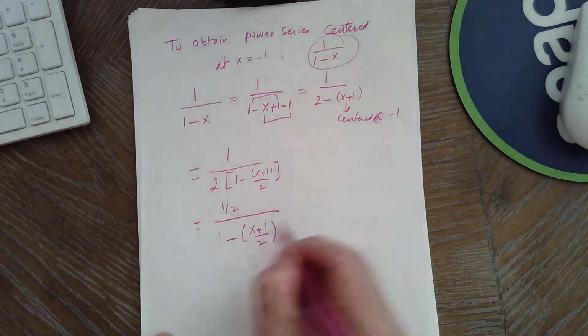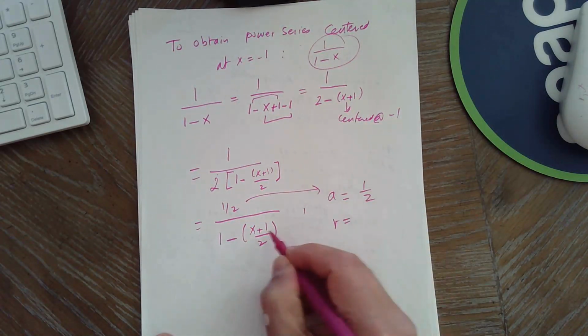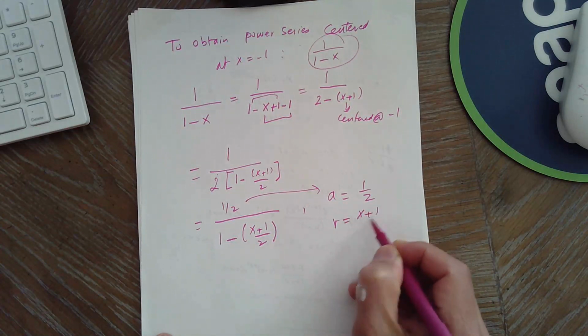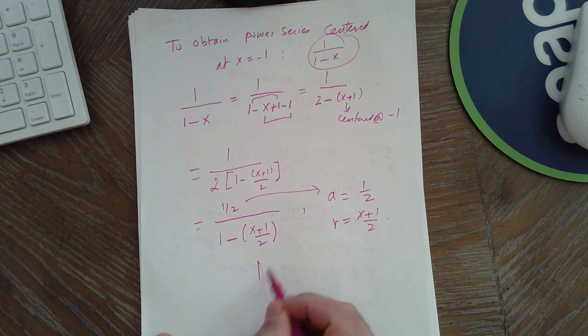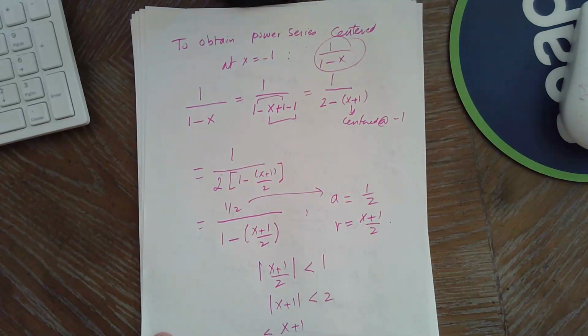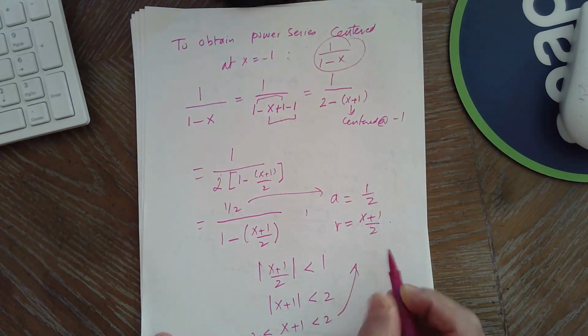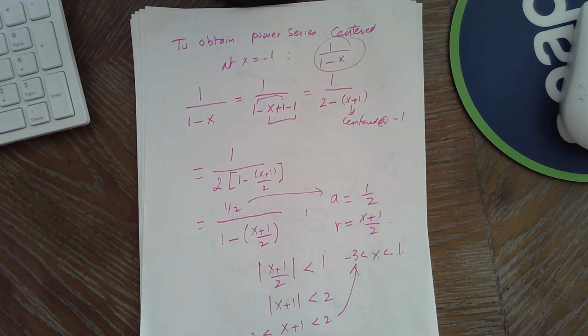So in this case, a is 1/2 and r is (x plus 1)/2. Okay, so the absolute value of (x plus 1)/2 should be less than 1. So the absolute value of x plus 1 is less than 2, so x plus 1 is between -2 and 2. So x is between -3 and 1.